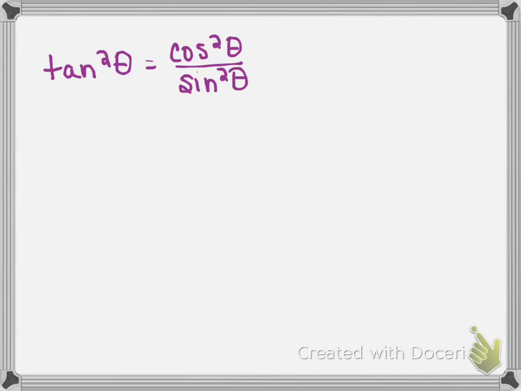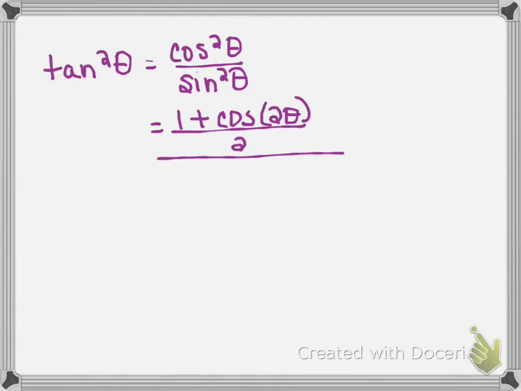So if we want the tangent squared theta, well, we know that's sine squared over cosine squared, right? So pick up those little formulas from the last page. We said cosine squared was what? 1 plus cosine 2 theta over 2.